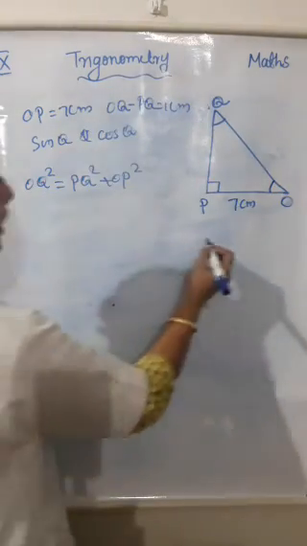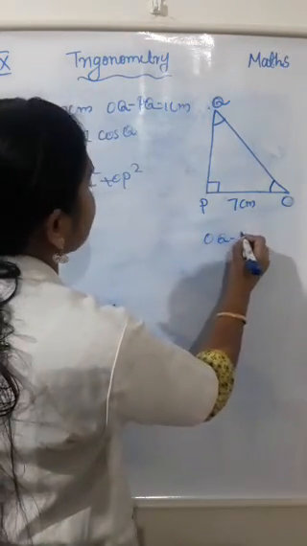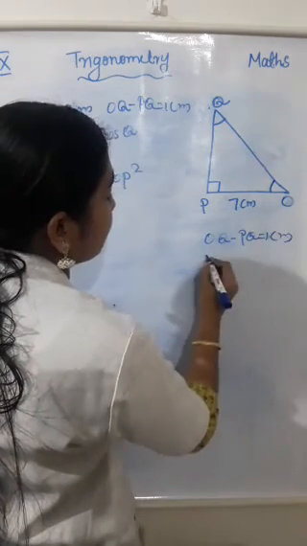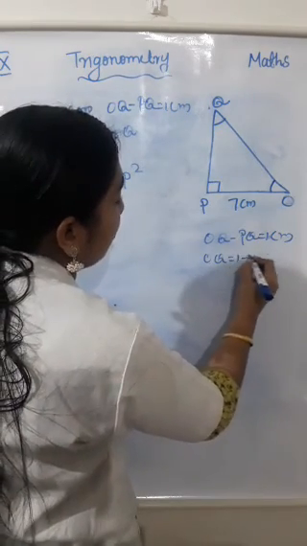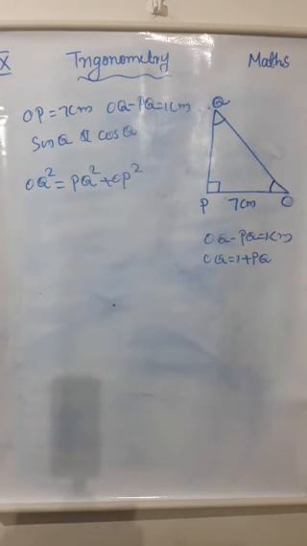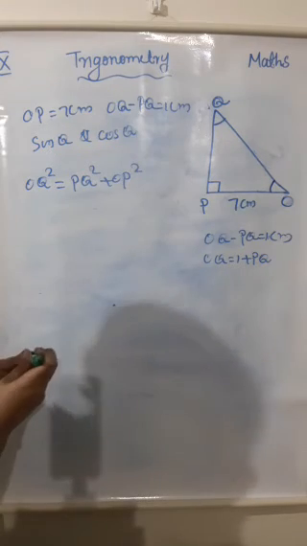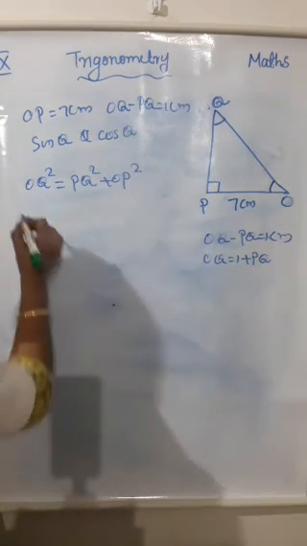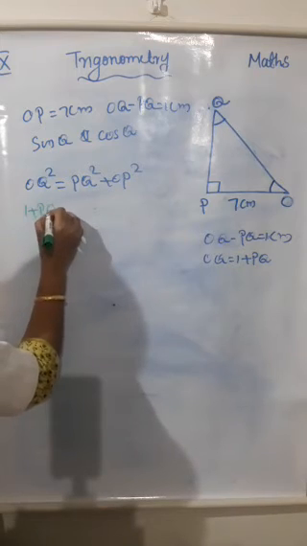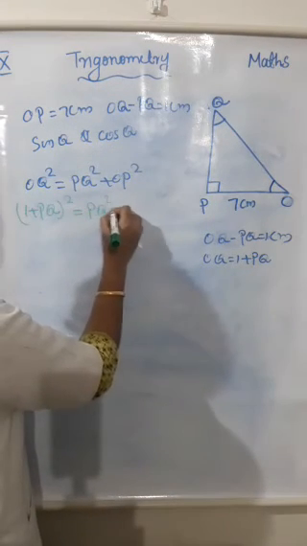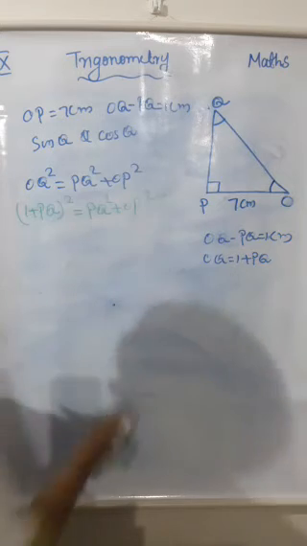From this we can write OQ is equal to 1 plus PQ. Substitute OQ is equal to 1 plus PQ instead of OQ in OQ square. So 1 plus PQ whole square is equal to PQ square plus OP square.